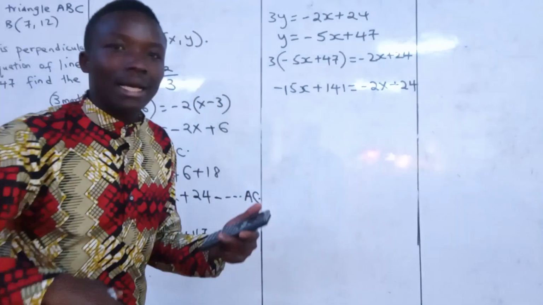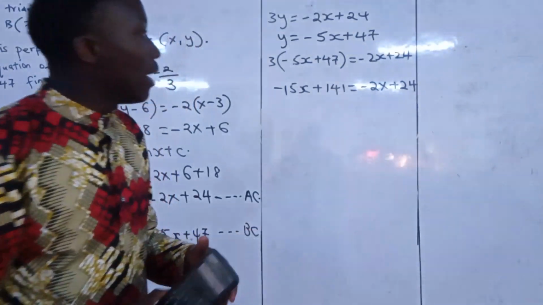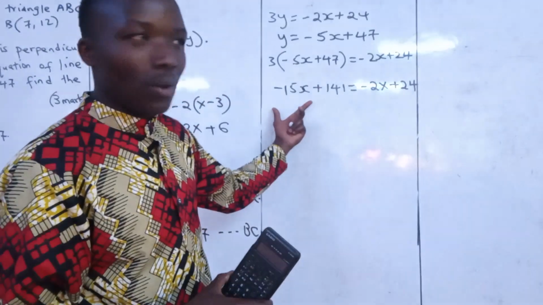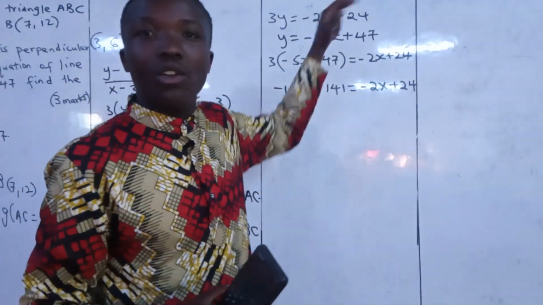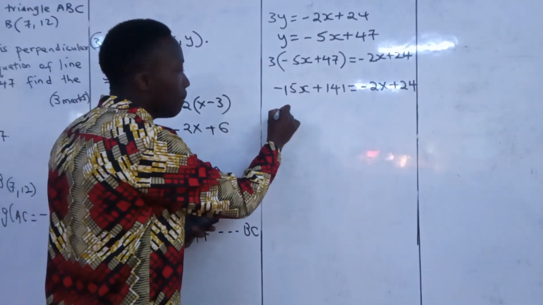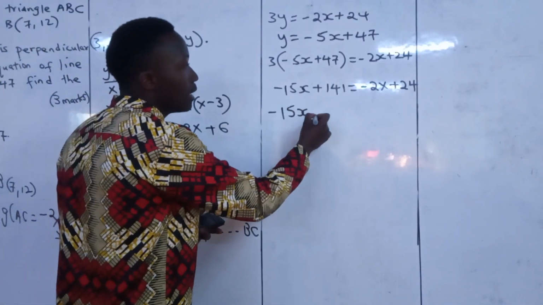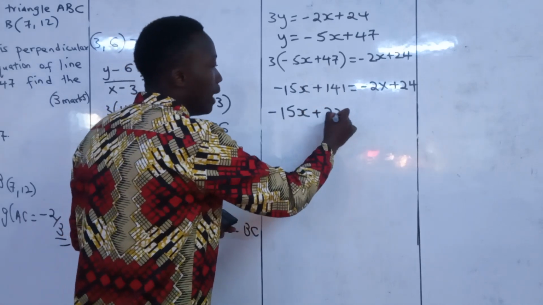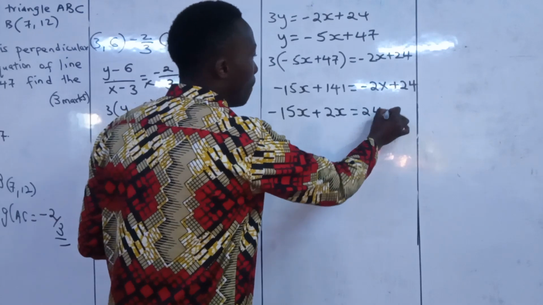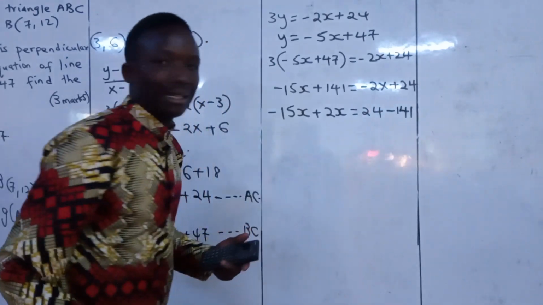So we can put our like terms together, and our like terms are in form of x. So we bring the x's on one side and we take the constants on the other side of the equal sign. So we are going to have minus 15x plus 2x is equal to 24 minus 141.